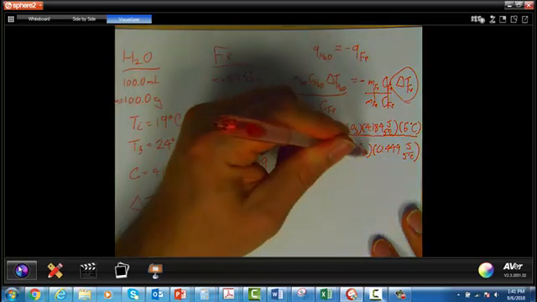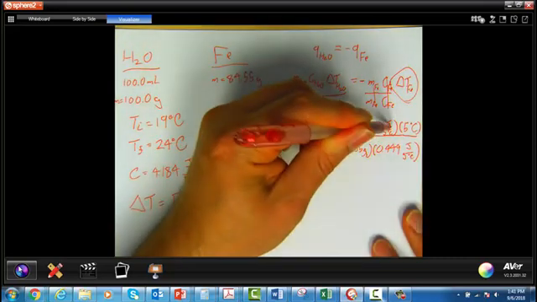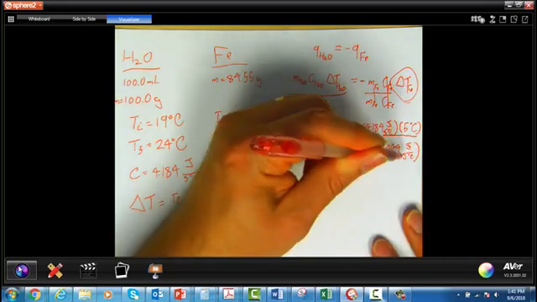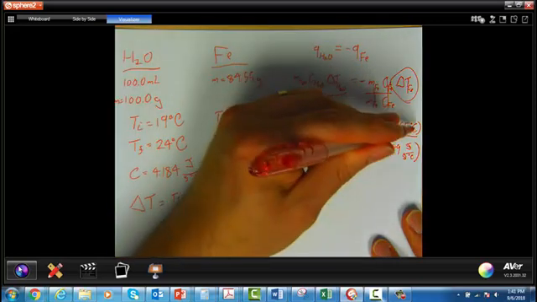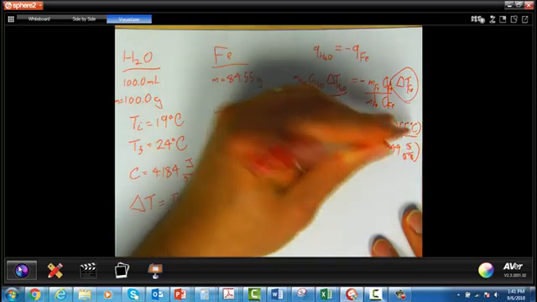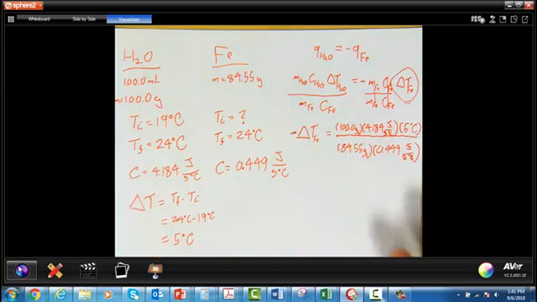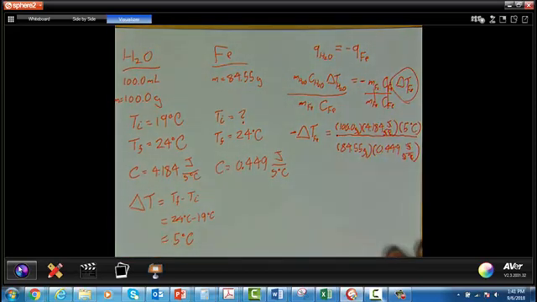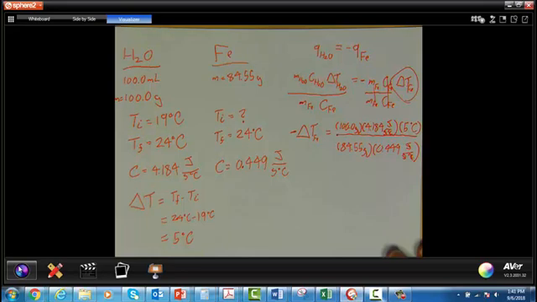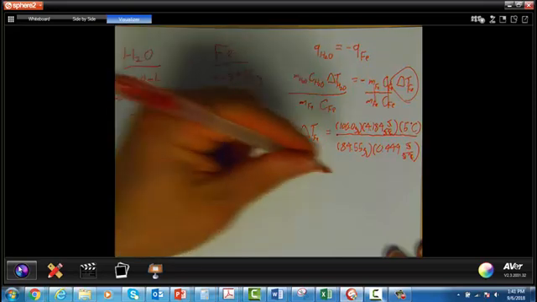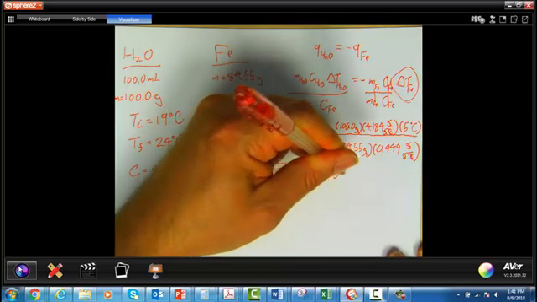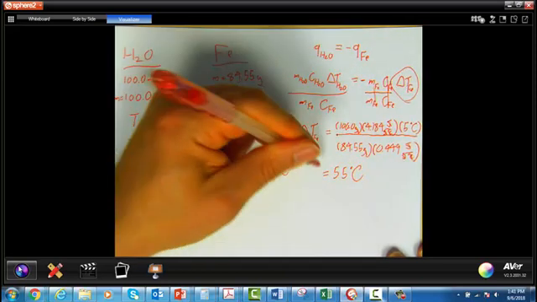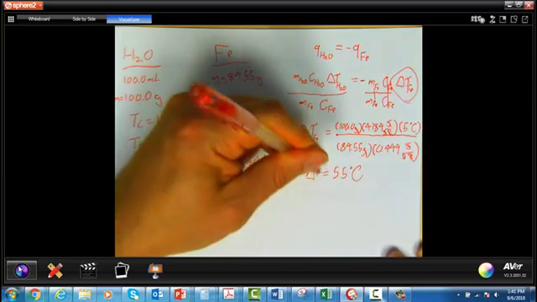So if you look at the units, the grams will cancel, joules will cancel, these grams will cancel, the degrees Celsius cancels, and we'll have units of degrees Celsius, which are the units we want. If we do the math here, we're going to end up with 55 degrees Celsius, and that's negative delta T of the iron.